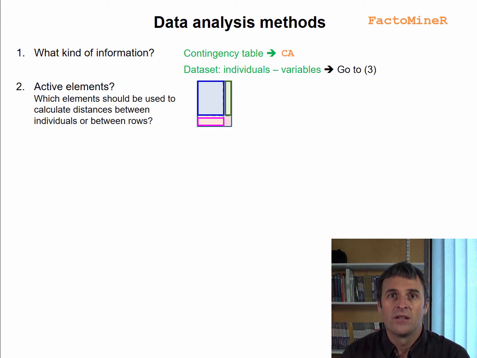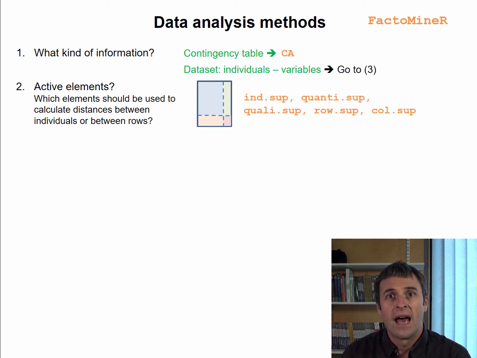Thus, depending on the situation, we are going to have some or all of the following terms in the code. n.sup to indicate supplementary individuals, quanti.sup to indicate supplementary quantitative variables, quali.sup for supplementary qualitative variables, and row.sup and col.sup if we are doing CA in the presence of supplementary rows and or columns.